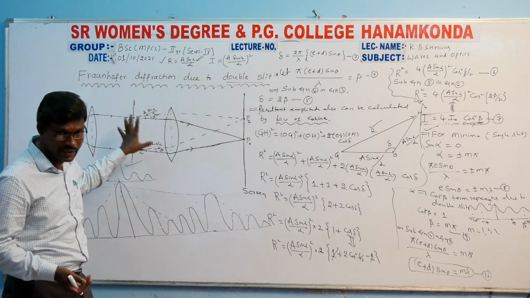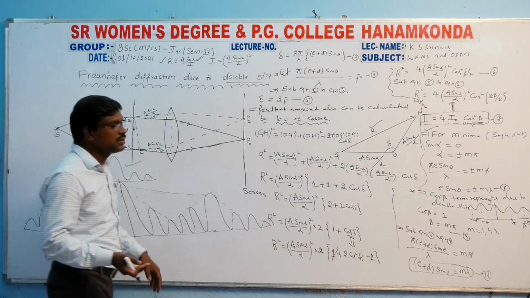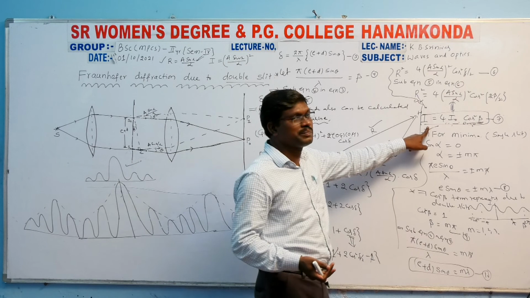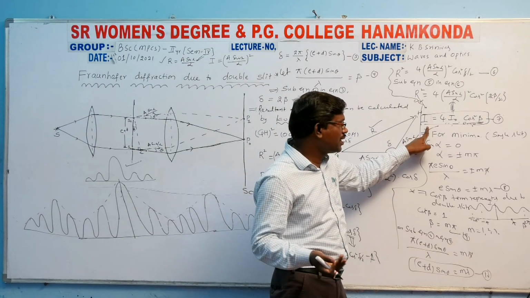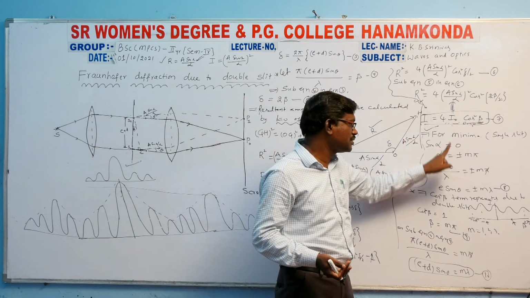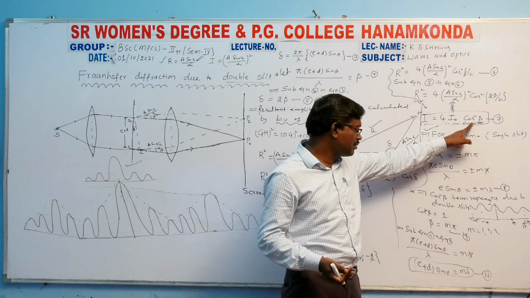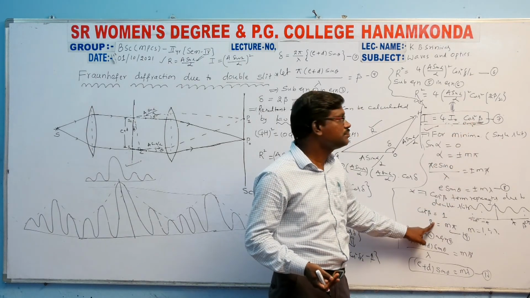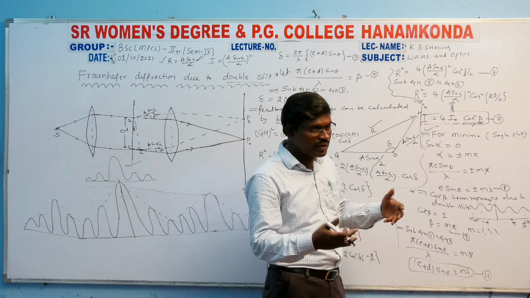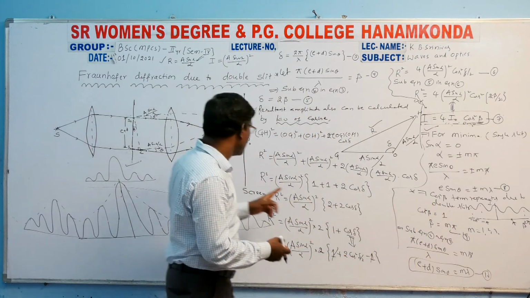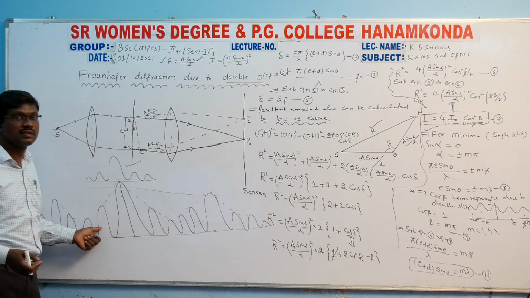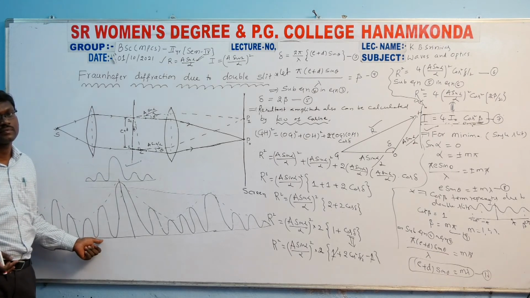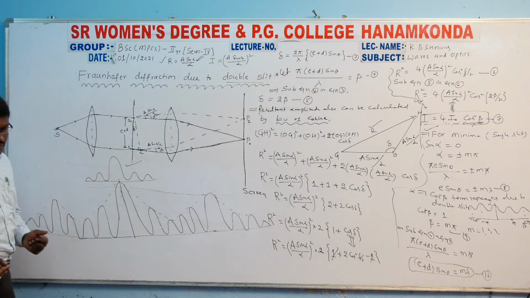You have to draw this diagram and derive its final expression. In the final expression, the first term represents single slit, the second term represents double slit. Due to the overlapping of these two patterns, the resultant pattern on the screen appears like this. Is that clear? Right. This is about Fraunhofer diffraction due to double slit.